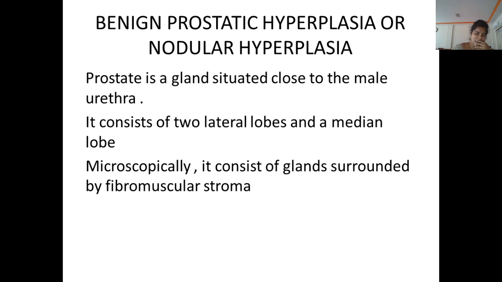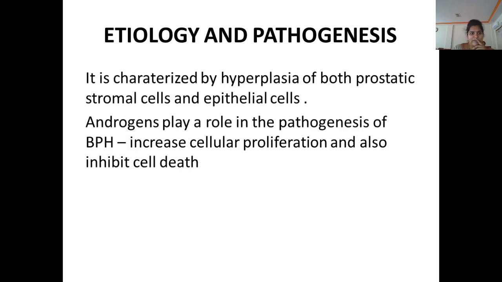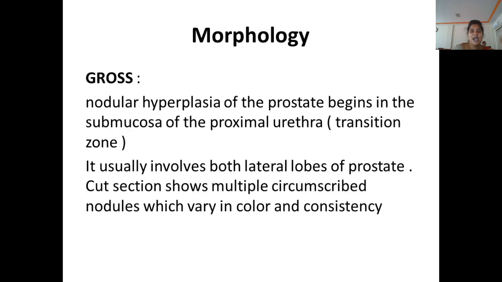We also saw the stages and how it spreads to distant parts of the body. And the last topic we saw was benign prostatic hyperplasia, and how it develops. One reason for BPH is androgen, which plays a major role, increasing cellular proliferation and inhibiting cell death also. How does it look?